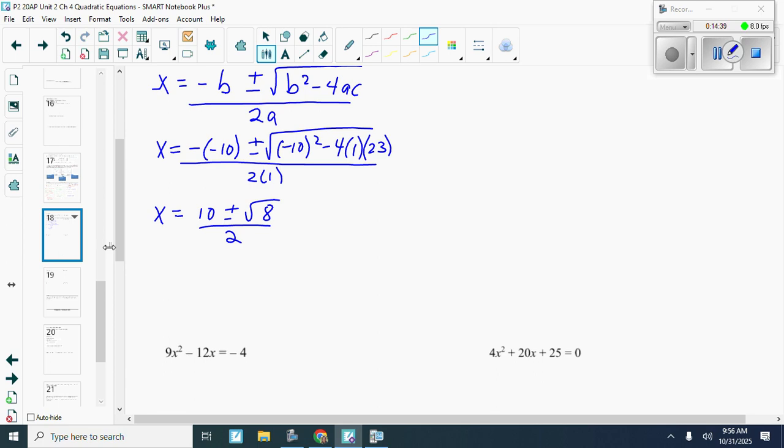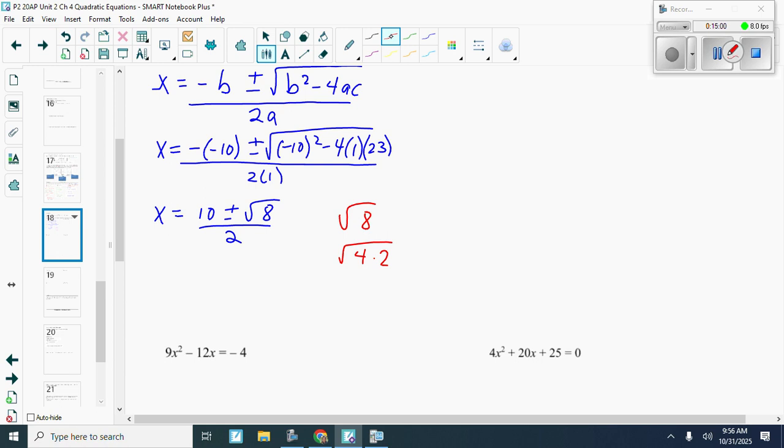Okay guys, let's go through this. Let's remember root 8. I'm just going to do it here at the side and then I'm going to erase it. When we do root 8, we look for factors, and one of those factors has to be a perfect square. So we could say that this is the same as 4 times 2.